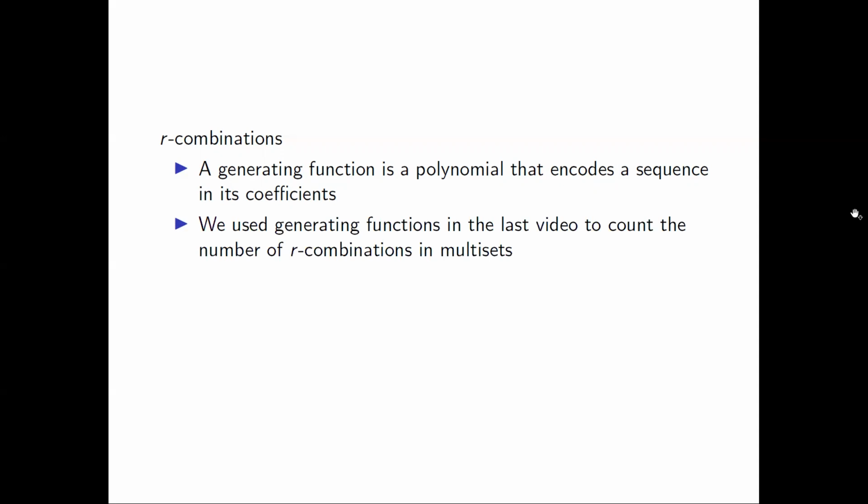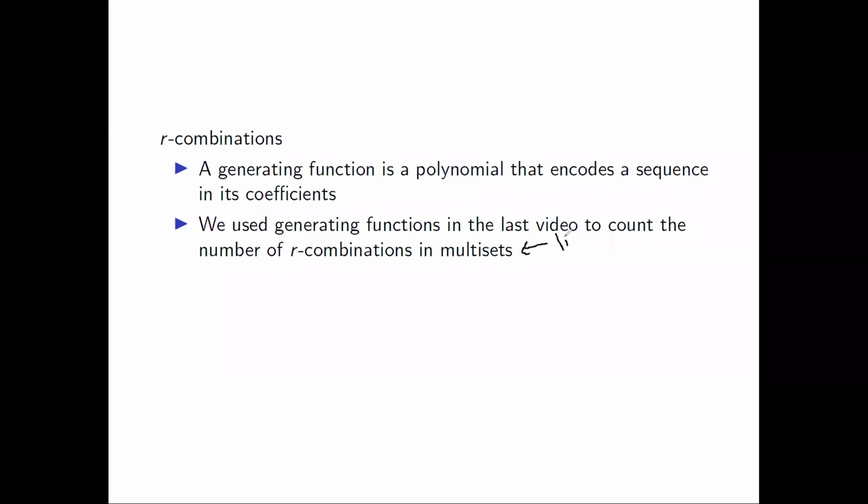When we talked about generating functions in the last video, we used them to count the number of R combinations in multisets. So recall that a multiset is like a set, but we're allowed to have repeated elements. The order of the elements does not matter in a multiset, just like a set.